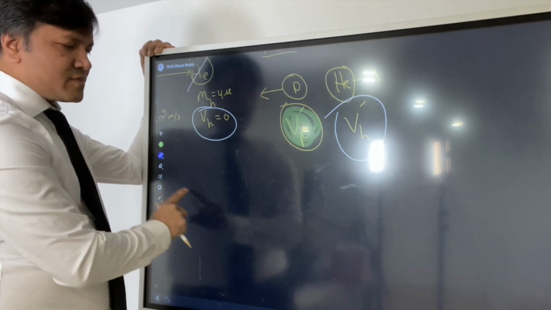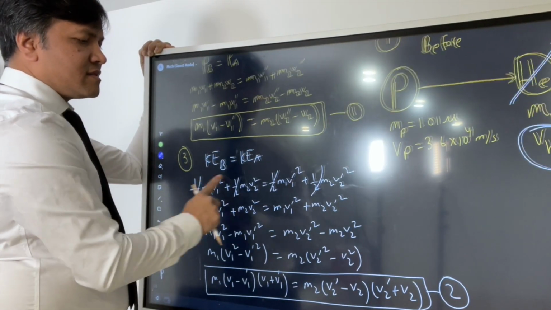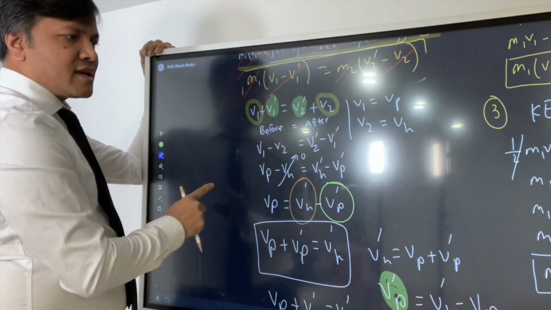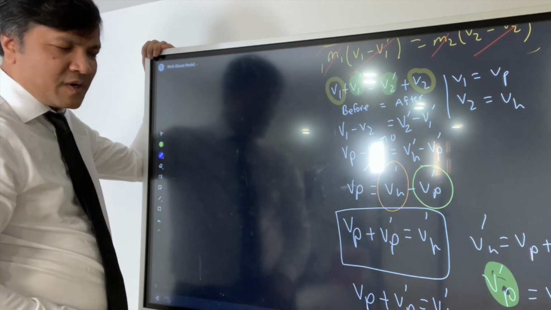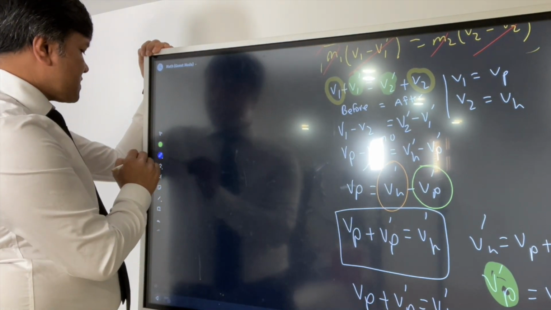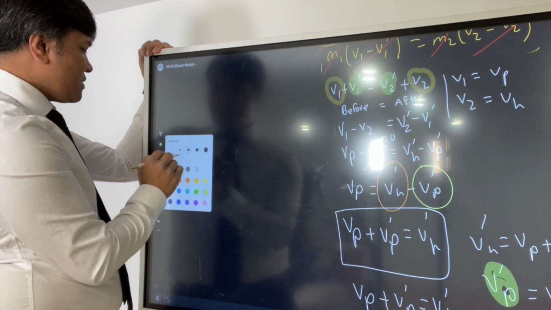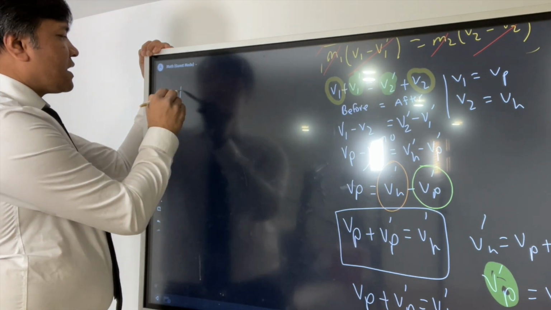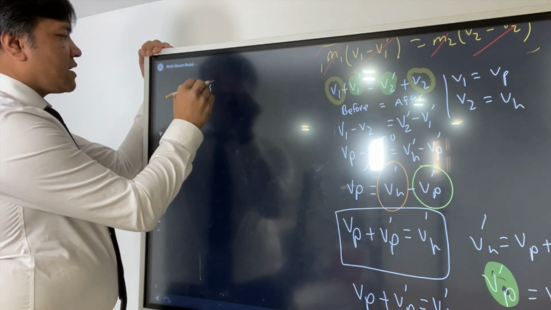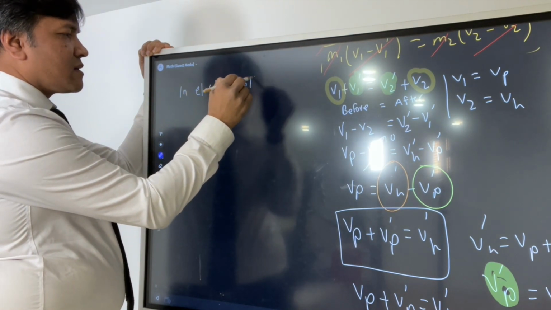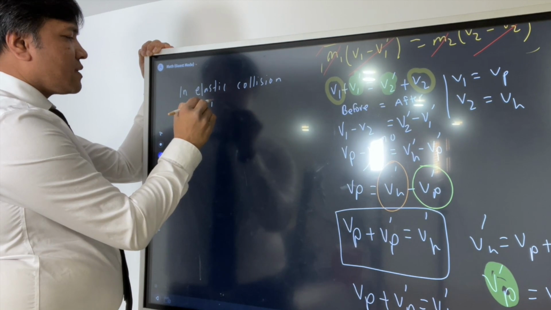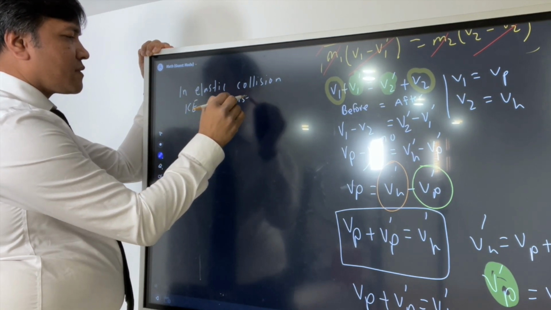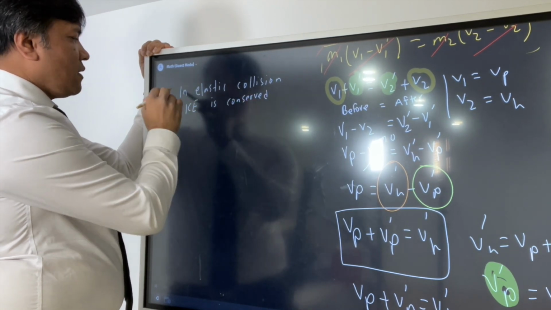All right. So we are almost there to prove that in elastic collision, kinetic energy is conserved. So that was our hypothesis. What was our hypothesis? Our hypothesis is in elastic collision, kinetic energy is conserved. All right.